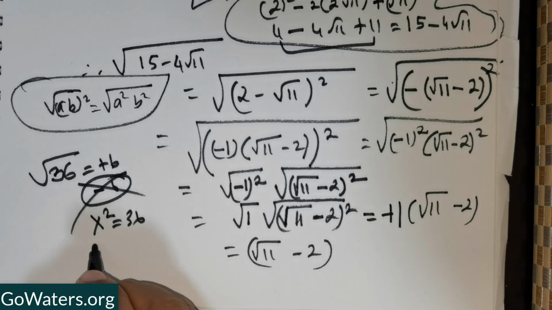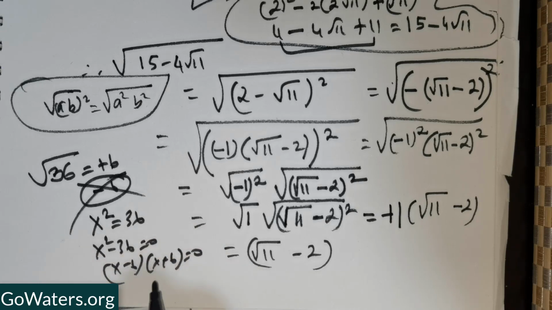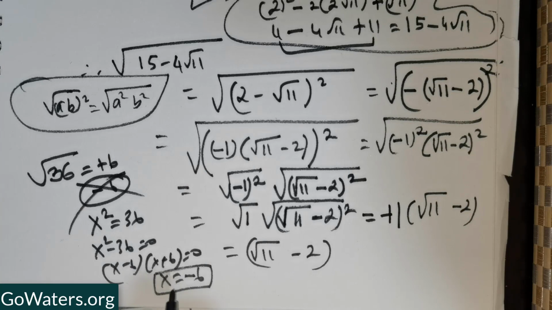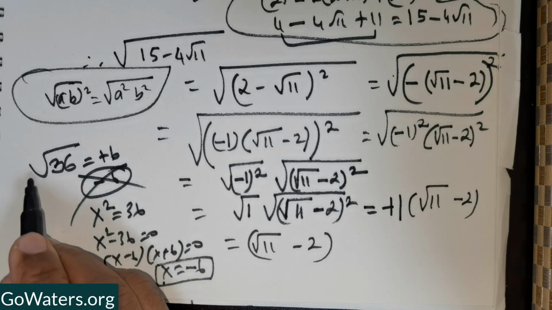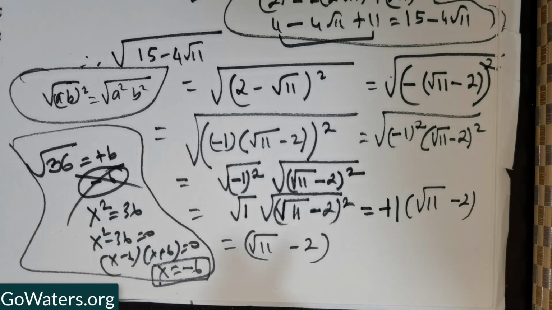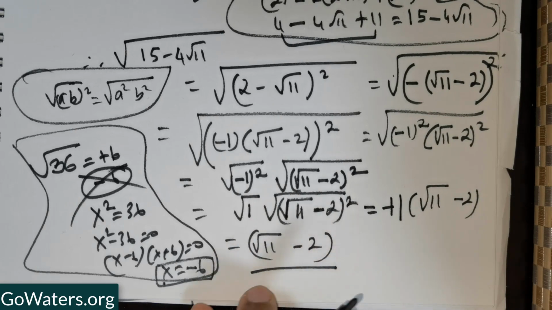Then x squared minus 36 is equal to 0, which means x minus 6 and x plus 6 is equal to 0. Which means x equal to negative 6 is one of the values of x which solves the equation. In that case, we are solving for the variable, but here we are applying the square root function. So a lot of difference is there between these two. That's why I manipulated this in such a way that the outcome is acceptable. So the answer is root of 11 minus 2.